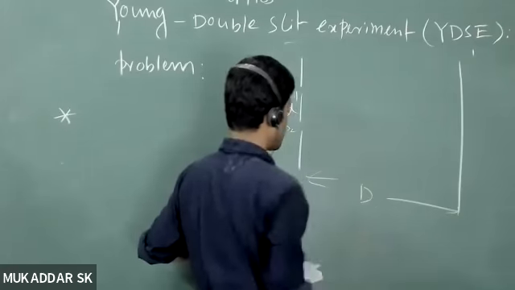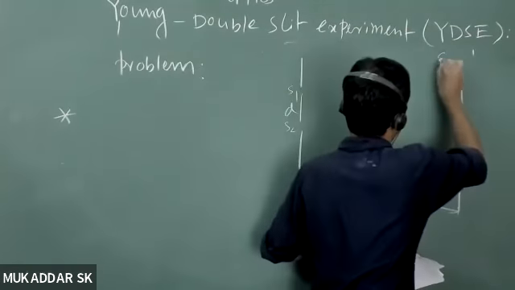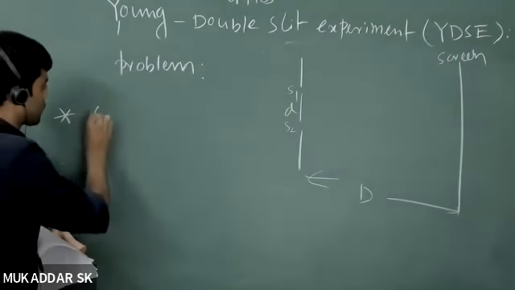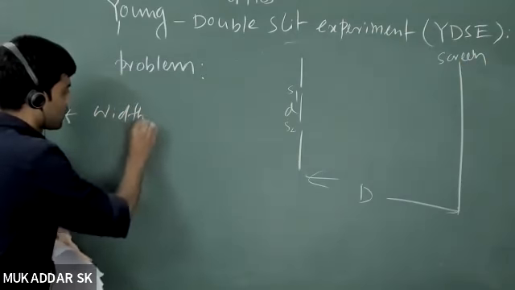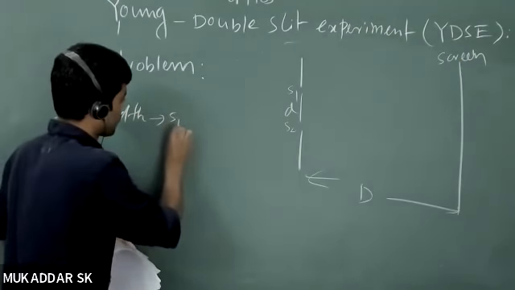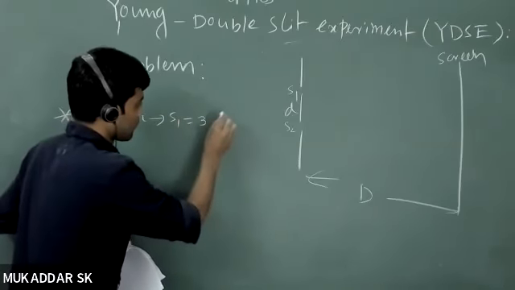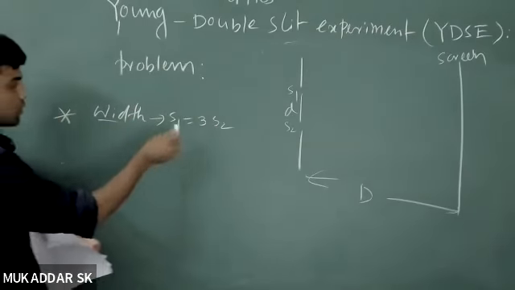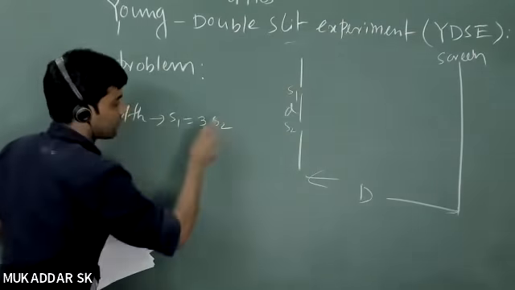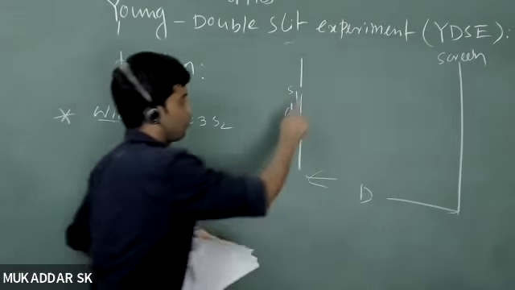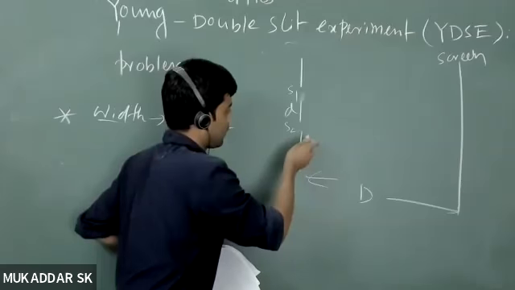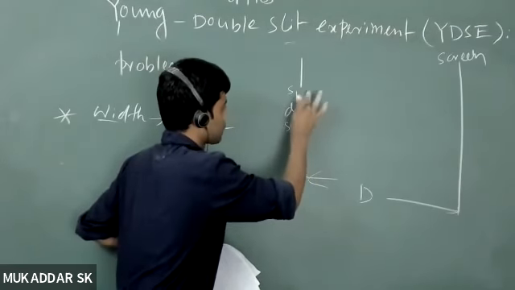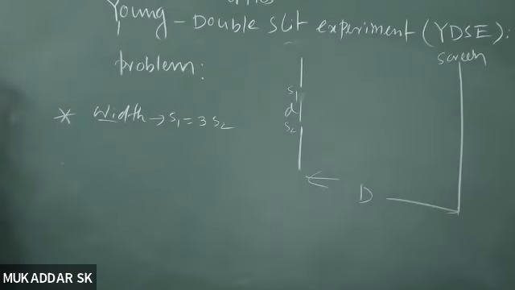The width of slit one is 3 times the width of slit 2. You can take this one as big and this width as small. ठीक है, ये आपका given है.